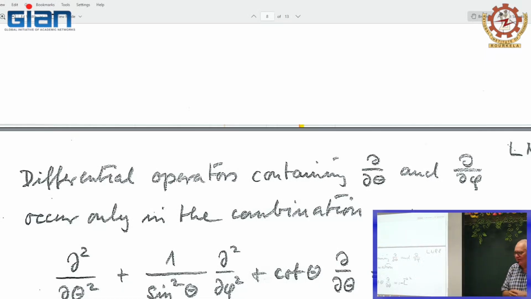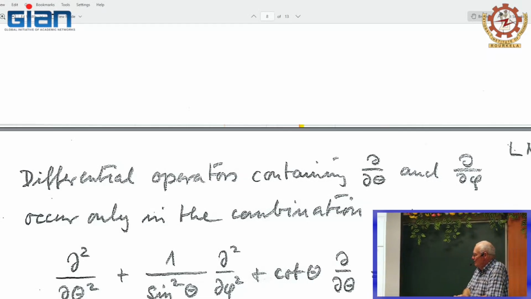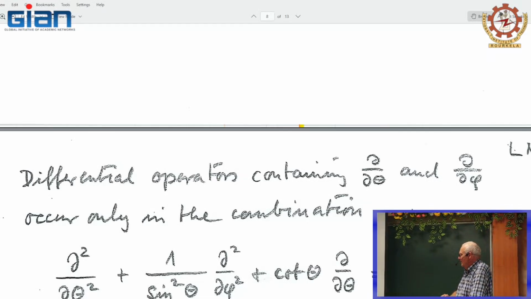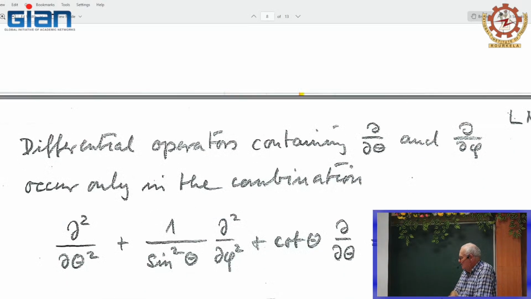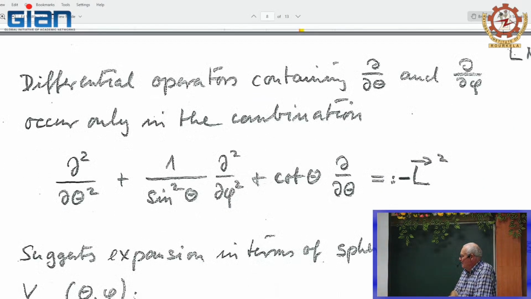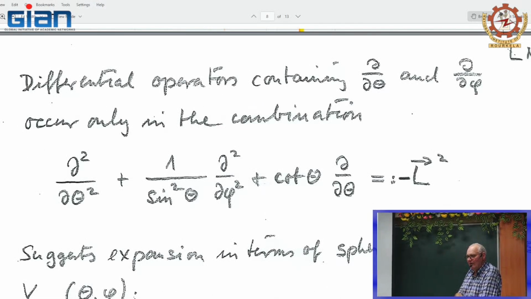Okay, how can we make use of our discovery that we have the quantum mechanic angular momentum operator in our system? Well, we know the properties of the angular momentum operator because we know the eigenfunctions of the angular momentum operator.